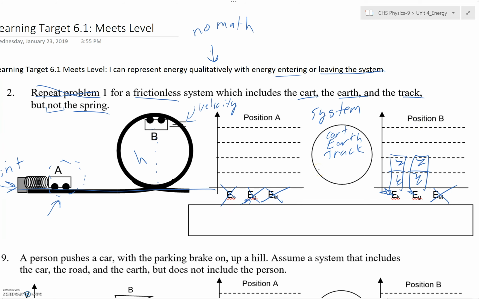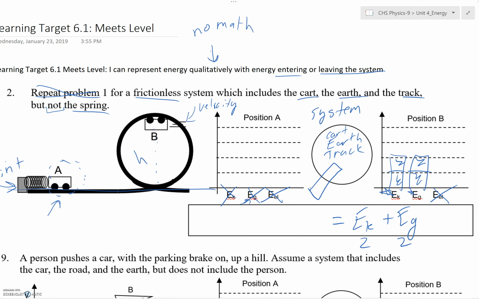Currently, my bars don't add up though, because on side A, I have 0 bars of energy. And in the end, I know that I need to have energy in the kinetic account and energy in the gravitational account. And I've got 2 in the kinetic and I've got 2 in gravitational. So that means that I have to have 4 bars going into the system.